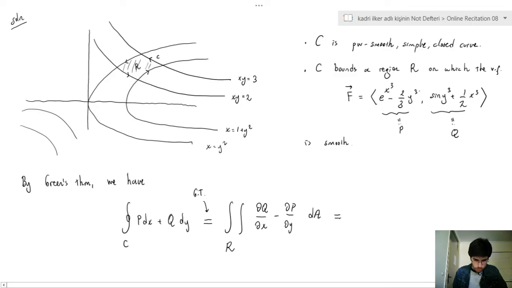But if you compute, you can easily see that del q del x is just, so this should be 2, right? So we have something weird. x comes from here when you differentiate this thing with respect to y. So we have x minus 2y.